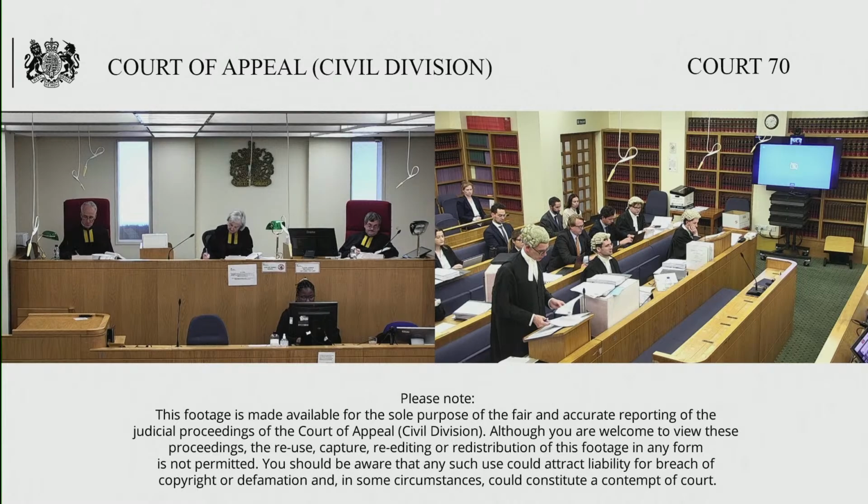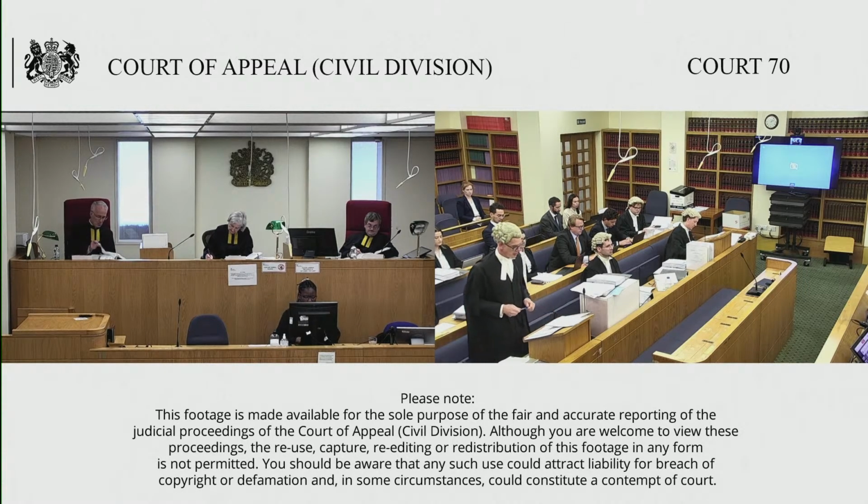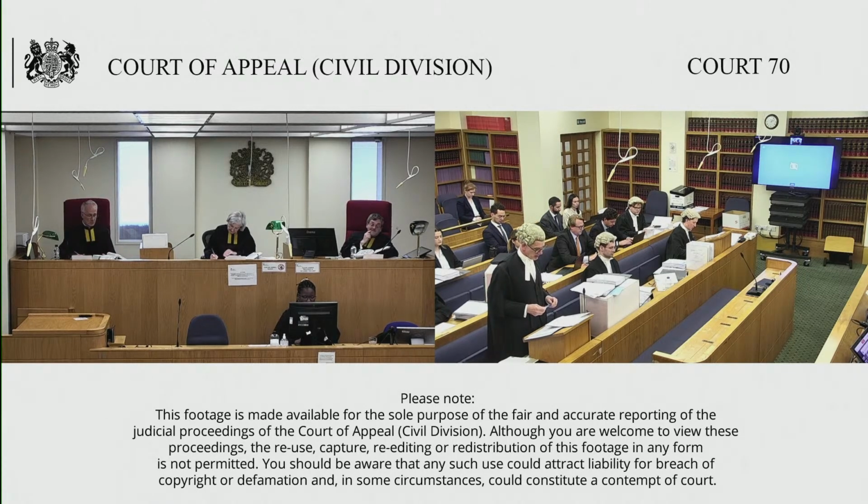But if one goes to Rule 6.39, which is at page 387, that has a separate specific rule for the service of an application notice on a non-party to the proceedings. And where an application notice is to be served out of the jurisdiction. Now, first of all, note that is assuming that application notices do get served out of the jurisdiction on a person who is not a party to the proceedings.